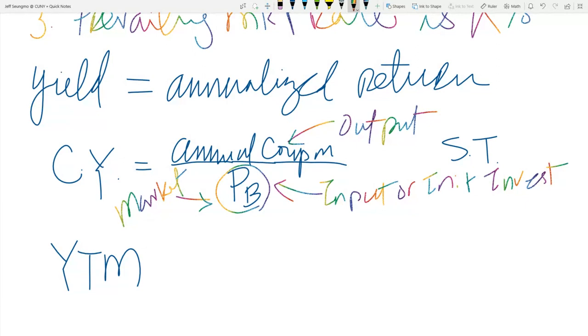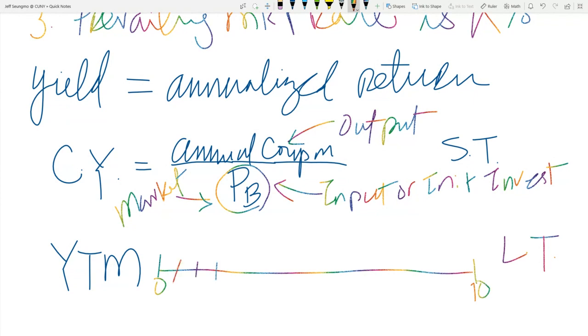Now, on the other hand, yield to maturity is long-term yield, right? They call this long-term. What that means is that's the annualized return if you hold this bond until maturity.